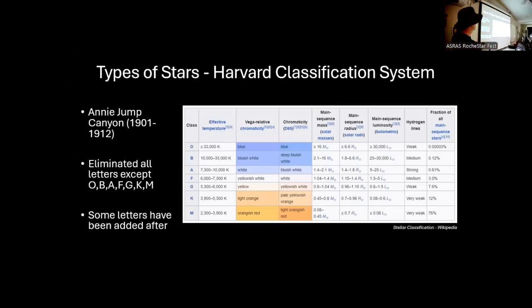So these O-type stars are more than 16 solar masses, 6.6 solar radii. Their temperatures are greater than 30,000, or the luminosity is greater than 30,000, and they make up a very small proportion. You'll see that these larger, hotter stars on this end are relatively rare, and that's for two reasons. One is not every star forms in a region with enough gas and dust to create a star that big.